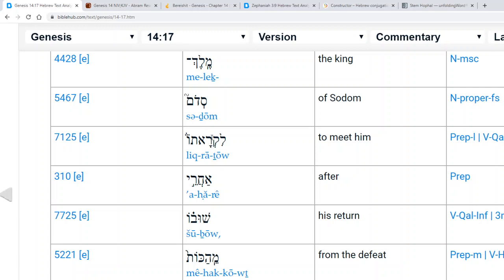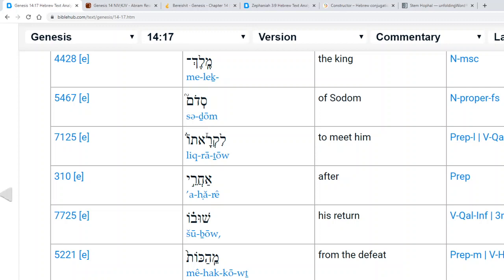Krat is meeting, right? So the root is kof resh aleph, which means to call, but krat seems to me to be a meeting, right?